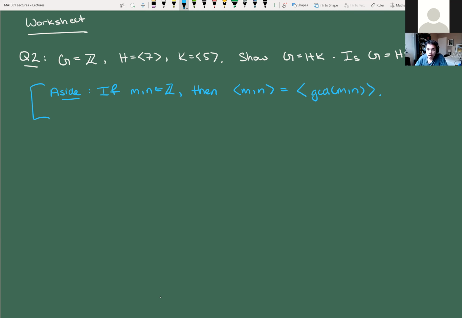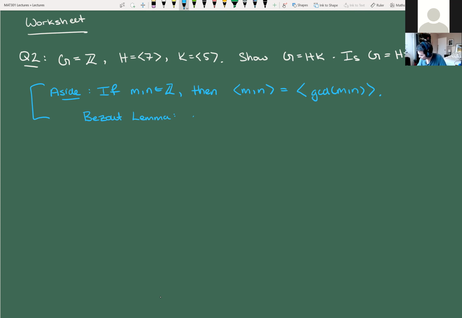The proof of this really isn't too bad. It basically comes down to Bezout's lemma. Remember, Bezout's lemma says that given M and N, you can always write the GCD as a linear combination of those elements.